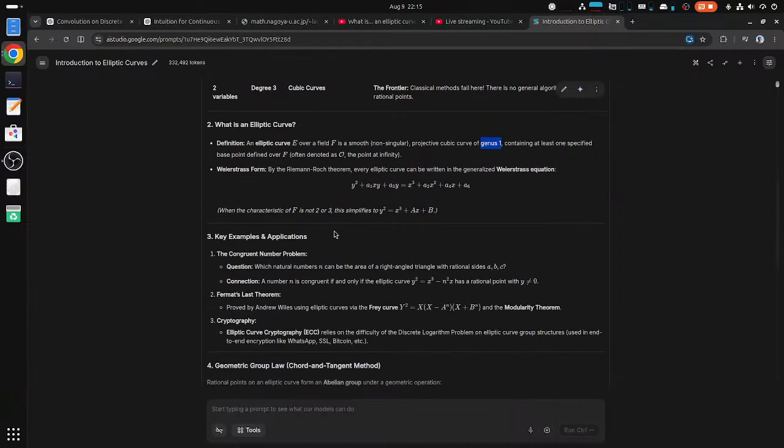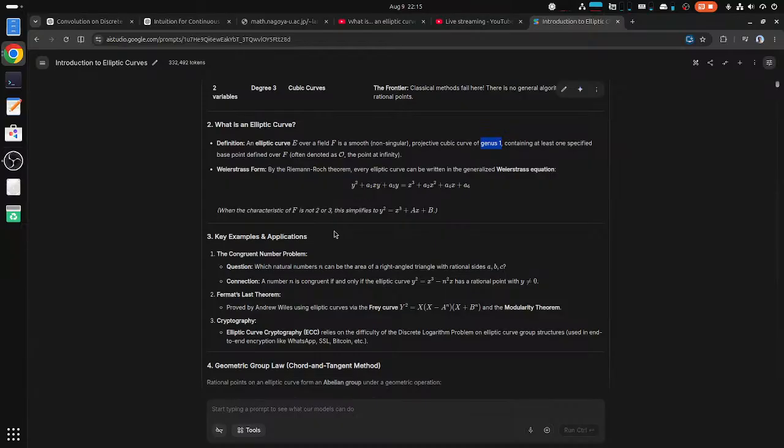Now, key examples and applications. The congruent number problem. These are some examples where elliptic curve theory appears or just pops up.